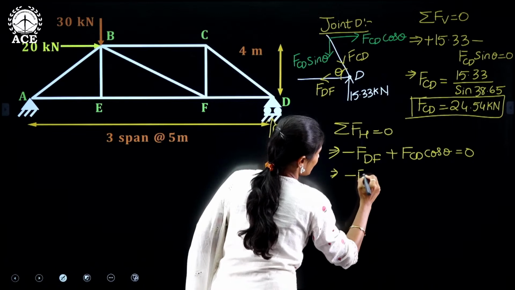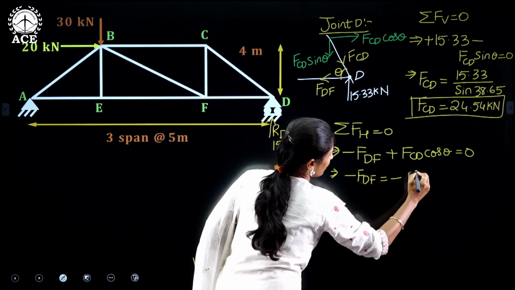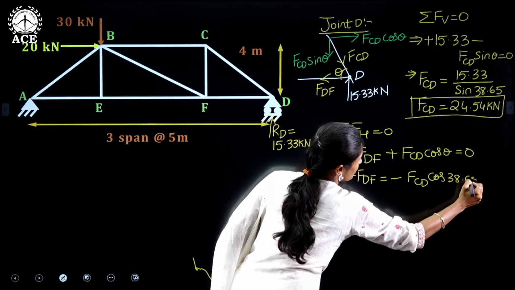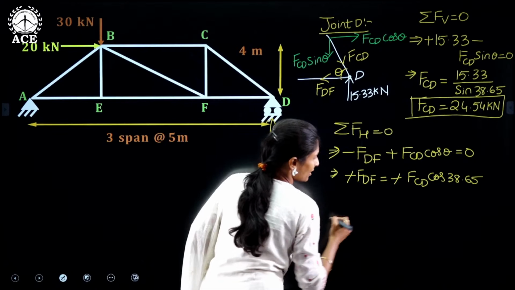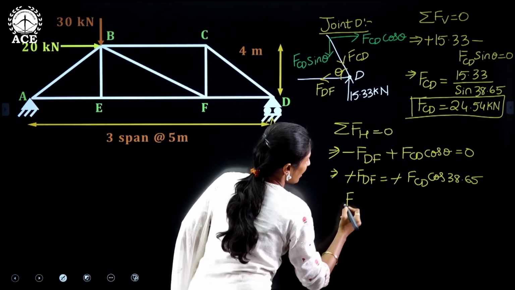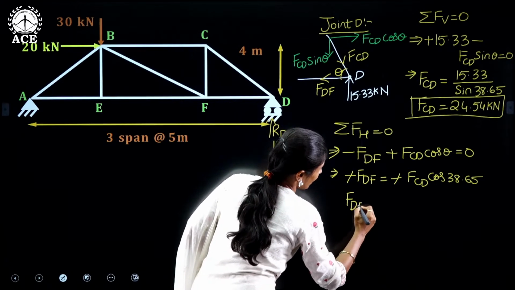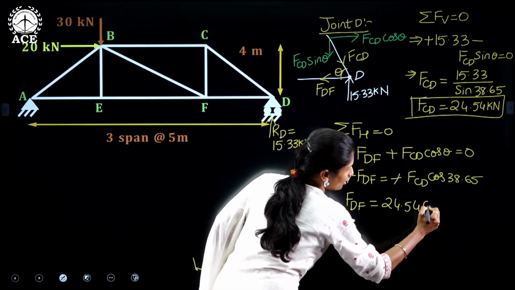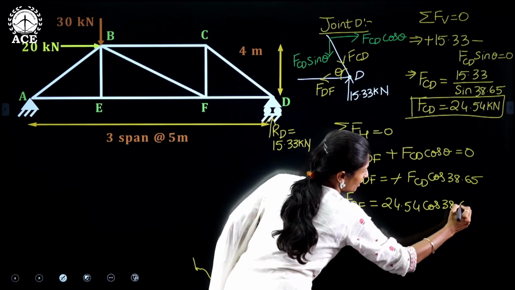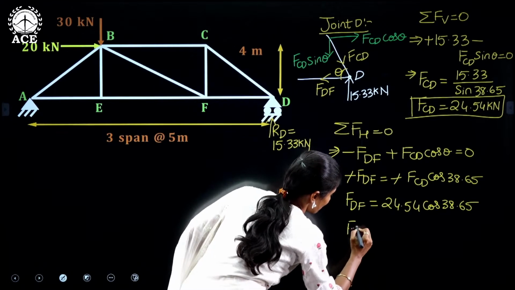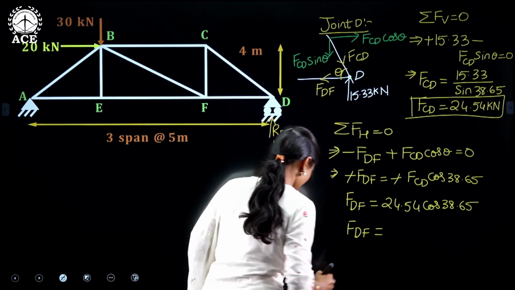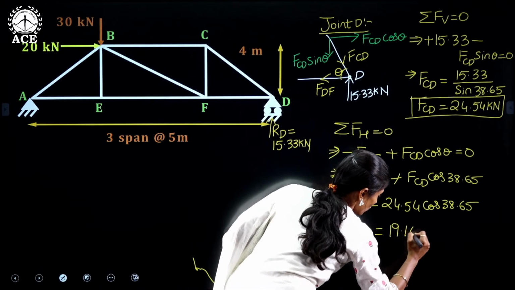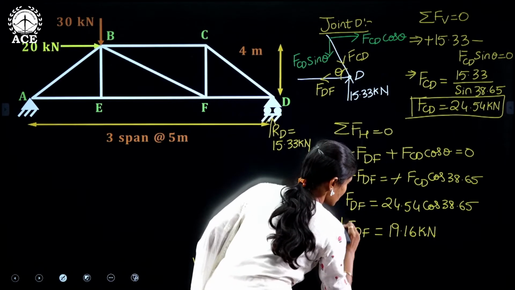So minus FDF equals to minus FCD cos 38.65. So minus minus will get cancelled and FDF can be directly written as FCD, which you got as 24.54, into cos 38.65. So if you solve it, you will get FDF equals to 19.16 kilonewtons.